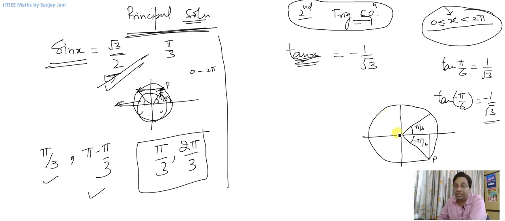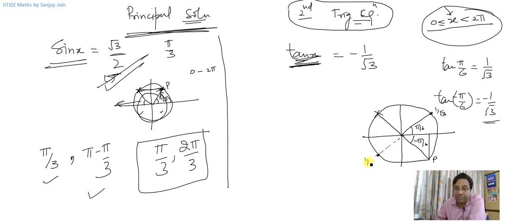So what will be the other position of tan where I can have minus 1 by root 3? Here, right opposite, right? Why? Because there can be many ways to understand it. Number one, if I wanted 1 by root 3, I would have got it here, and then another position would have been this one.